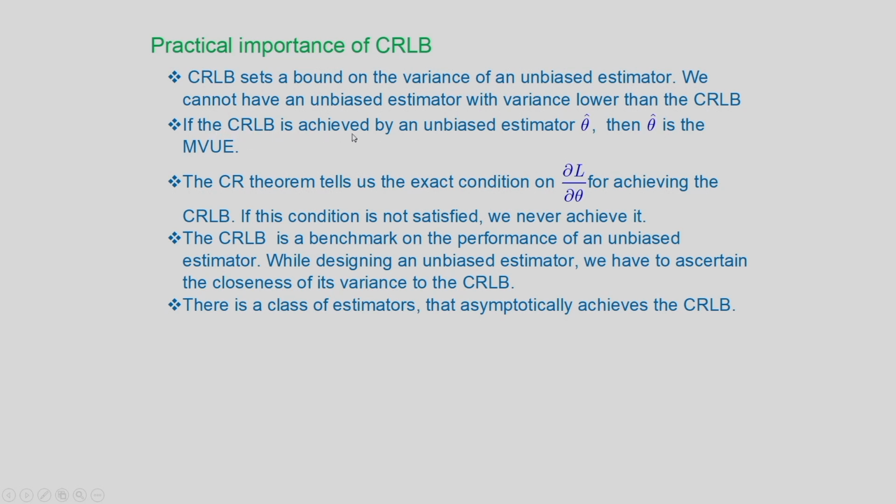So, that is one important aspect, because MVUE will be the CRLB. The CR theorem tells us the exact condition on ∂L/∂θ for achieving the CRLB. If this condition is not satisfied, we never achieve it.